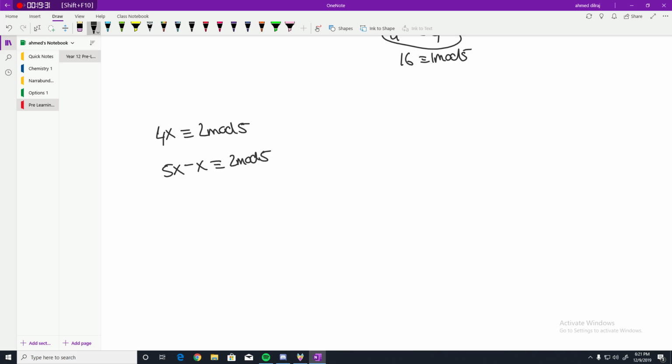And since this is 5x, we know that this must clearly be 0 in mod 5. So minus x is congruent to 2 mod 5. x is congruent to minus 2 mod 5. And remember, you just add 5. So x is congruent to 3 mod 5.